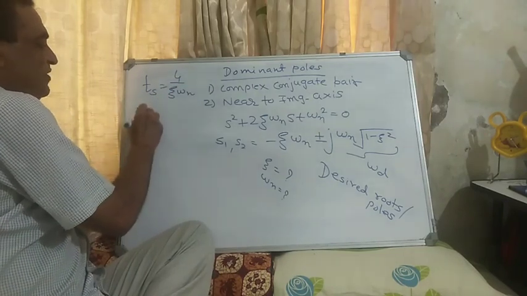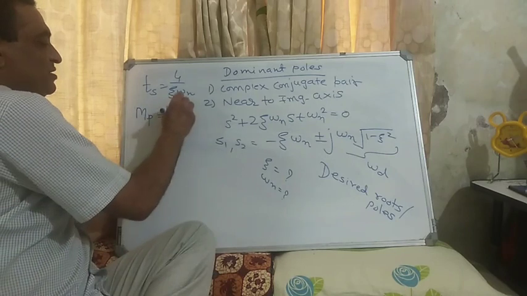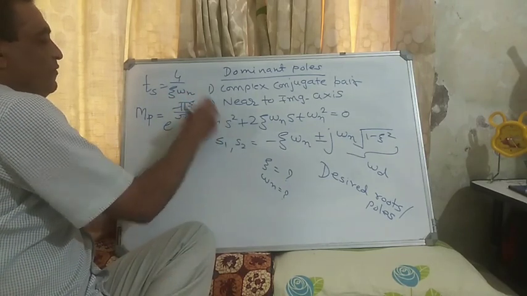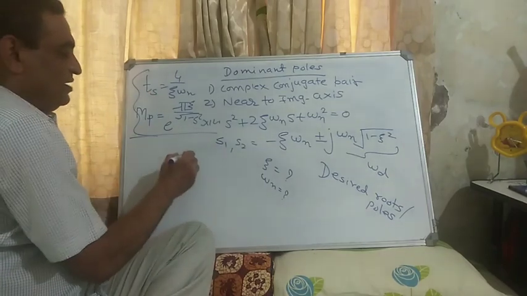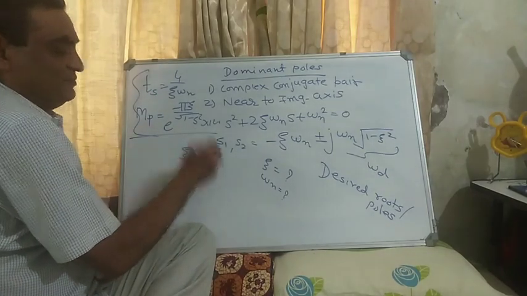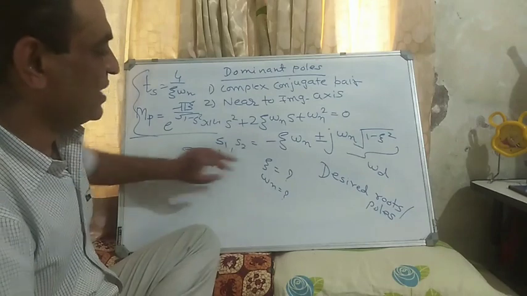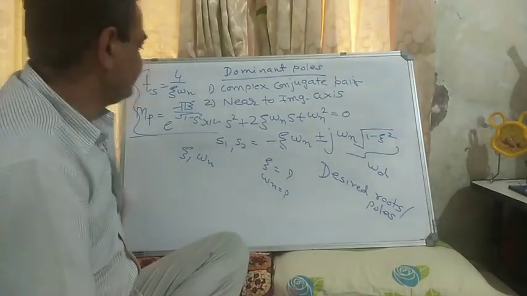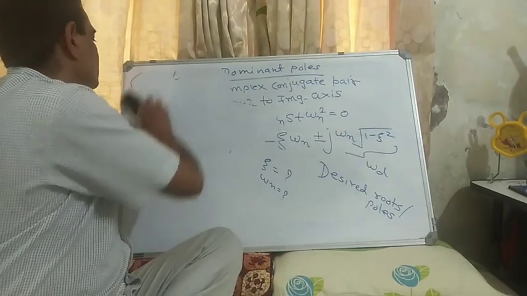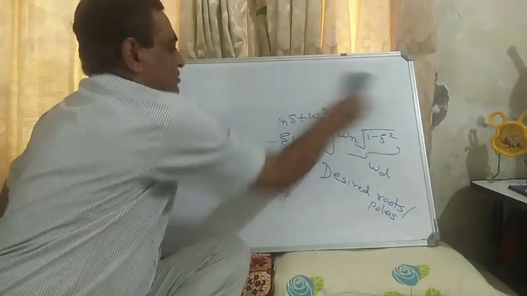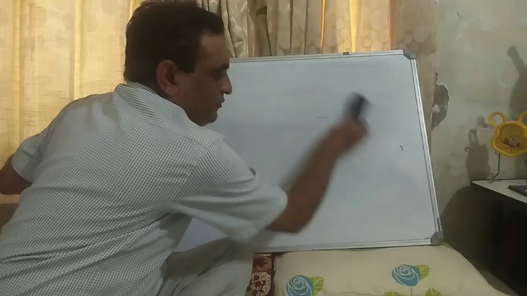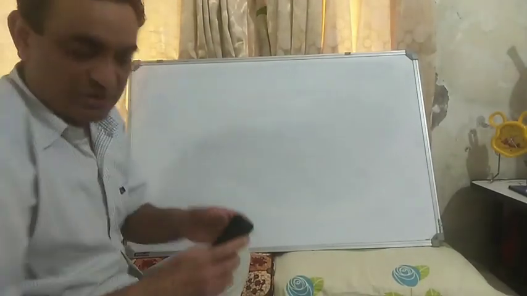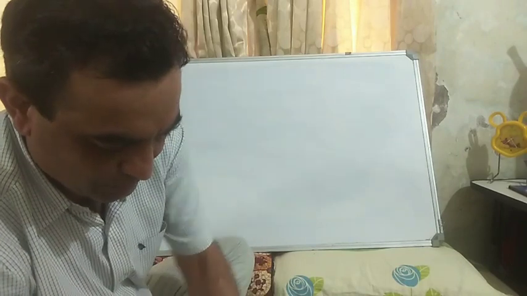And you have Mp with you, that is e raised to minus pi xi upon under root of 1 minus xi square into 100. From these two equations, you can find the value of xi and omega n. If you put the value of xi and omega n in here, you will get S1, S2. Alright, we have already discussed dominant poles in the class, but this was just a revision for you.